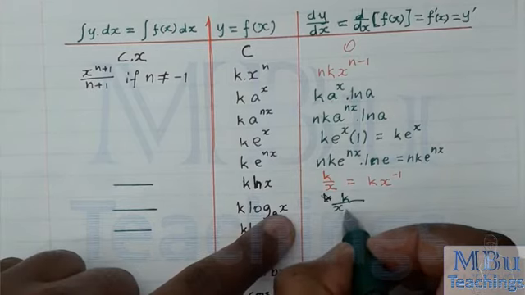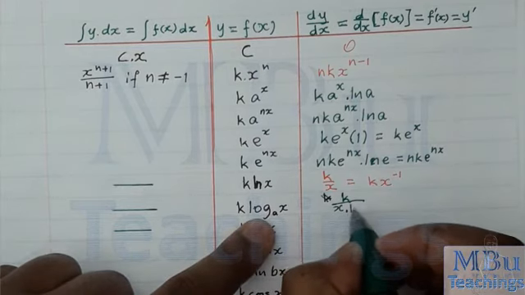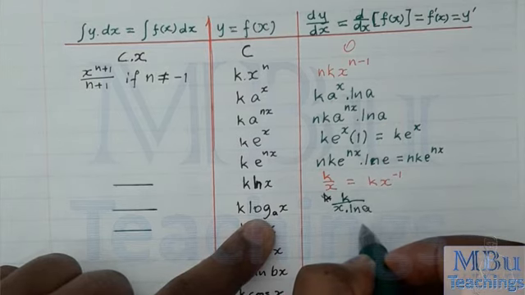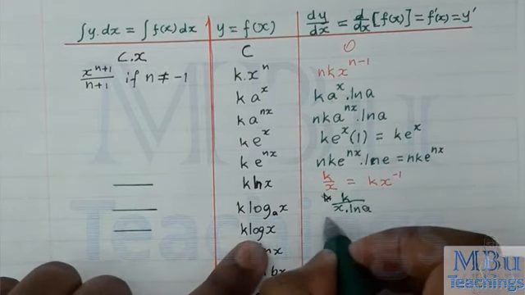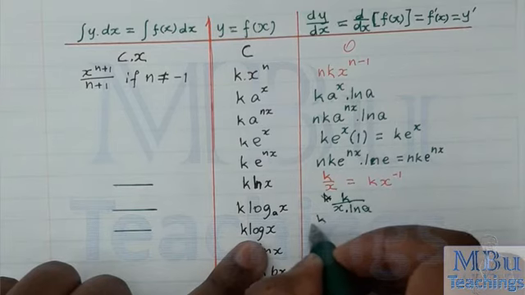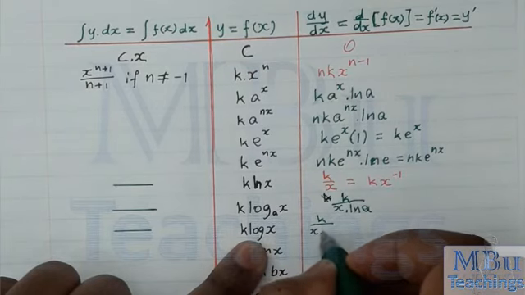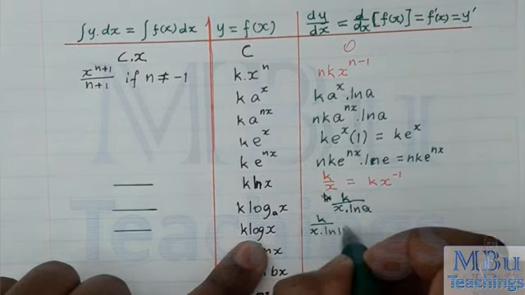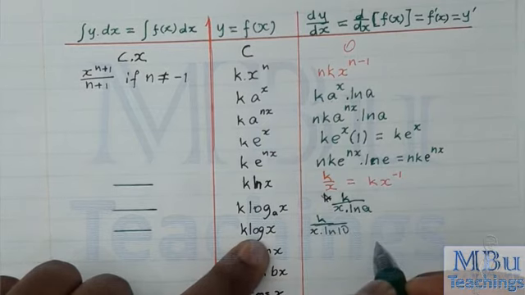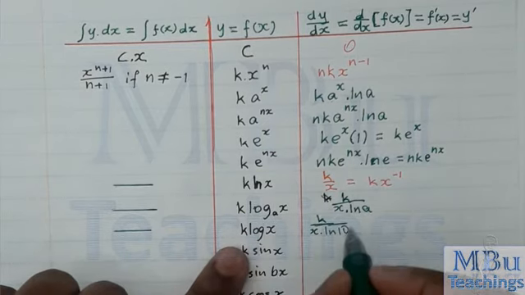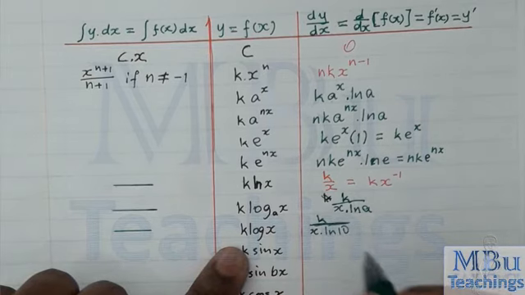Now this x should be multiplied by the ln of the base, which is a. We do the same thing for this one. It will be k divided by x times the ln of the base, and the base in this case is 10 because it's not given. When there's no base, the base is 10.